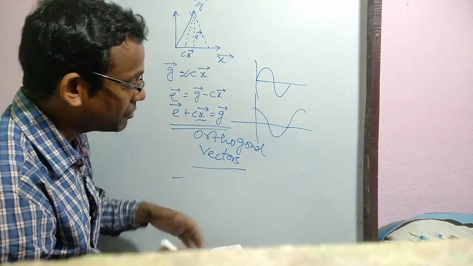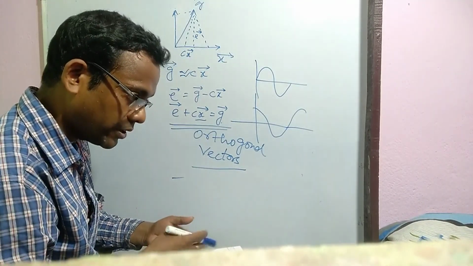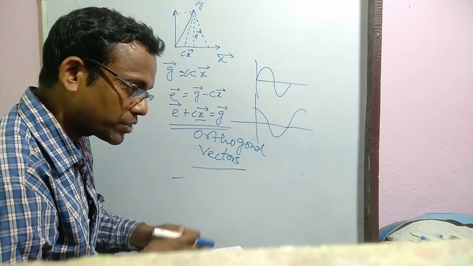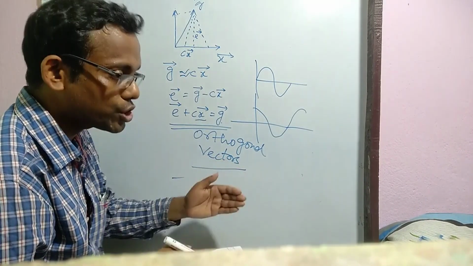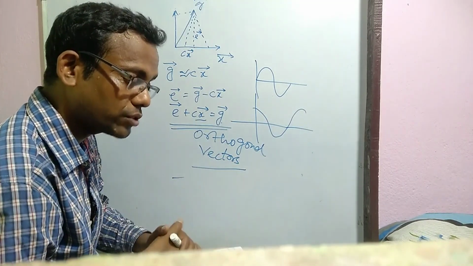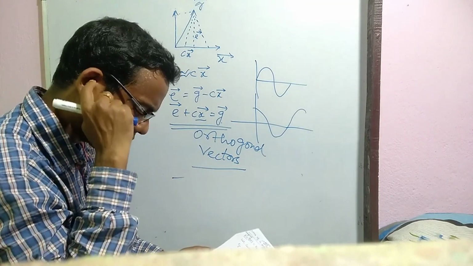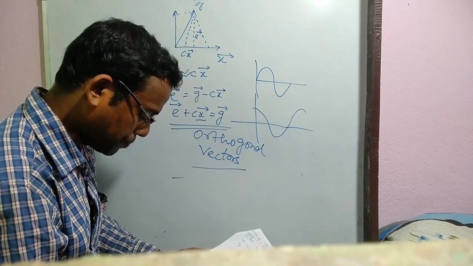And if there is a term like cos square, try to express it in terms of cos or sine, not cos square. Don't keep cos square, it will be difficult to calculate. Then you follow the basic mathematics. I think you can do it yourself.